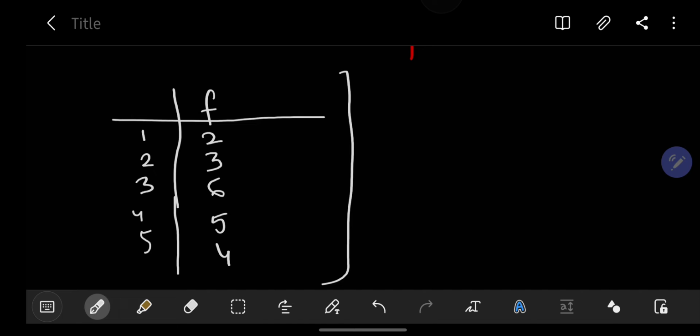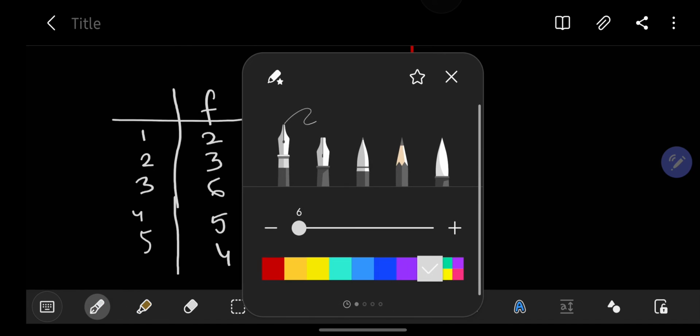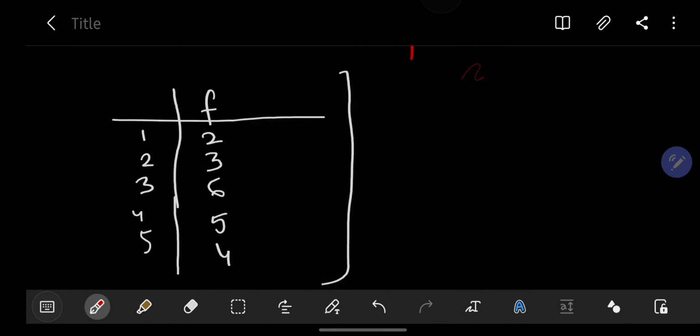Let us try to formulate a Pareto chart here. It can be either in decreasing order or in increasing order, it's up to us.